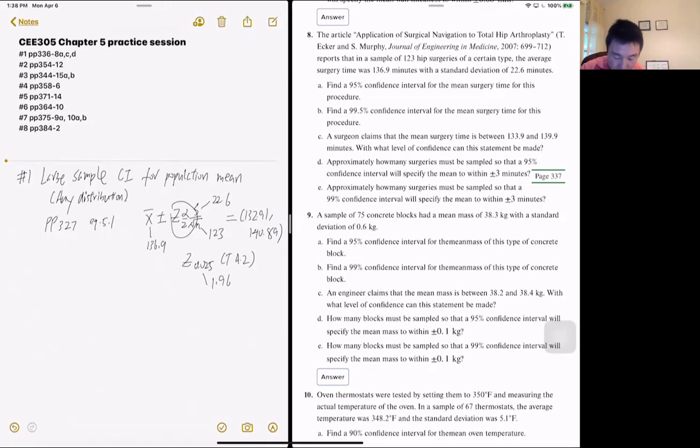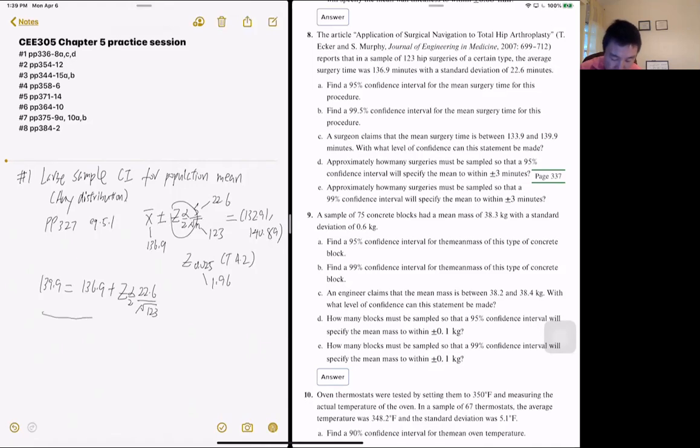So the upper bound 139.9 is equal to the mean value 136.9 plus z half alpha times the remaining values, which will be the same. S is 22.6, and the sample size is 123.